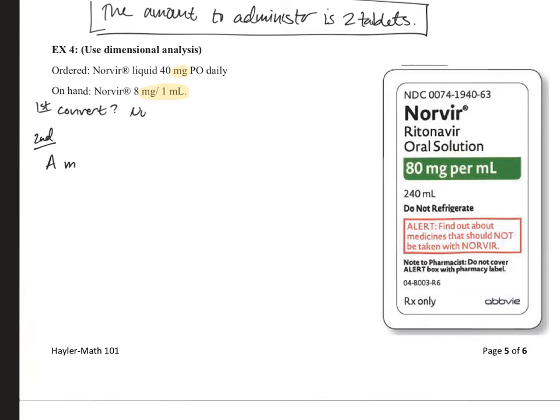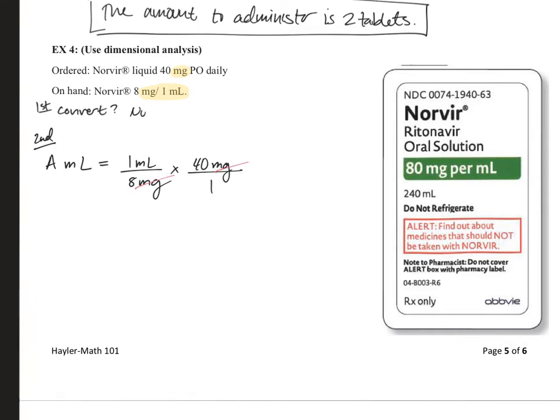So for dimensional analysis, we have, remember, A, amount to administer, A milliliters equal to, well, there's no dosage conversion factor needed, and our dosage unit is 1 milliliter per 8 milligrams. We get that from over there. And our dosage ordered is 40 milligrams, so we'll multiply this by the dosage ordered. You can put that over 1. Once again, we can cancel out the units.